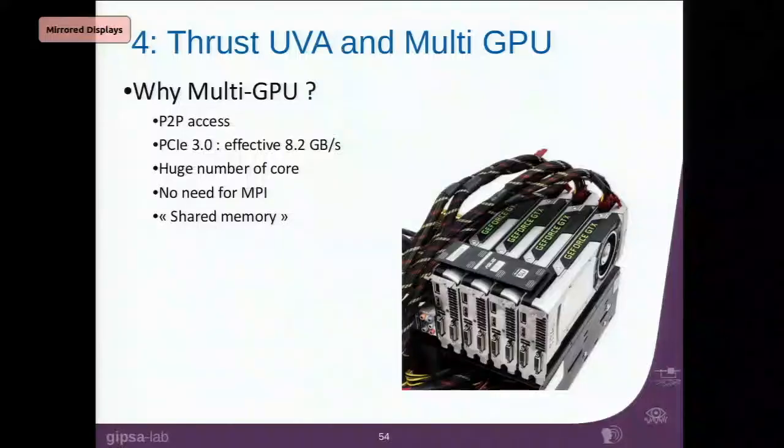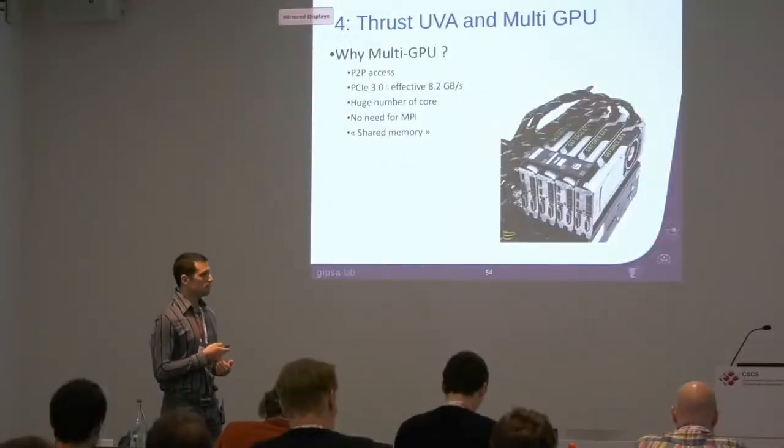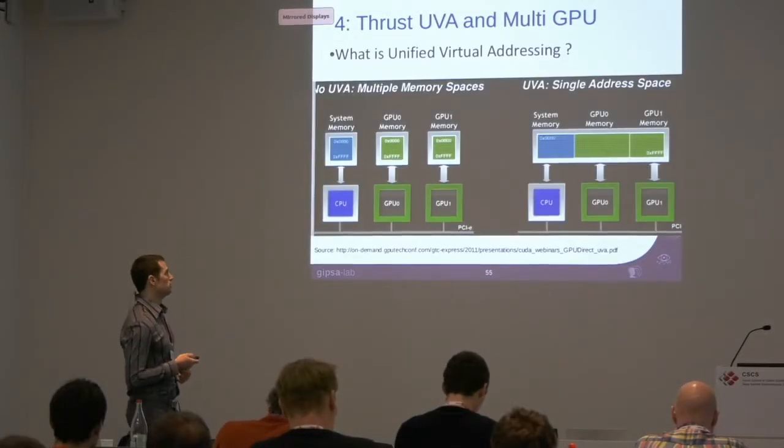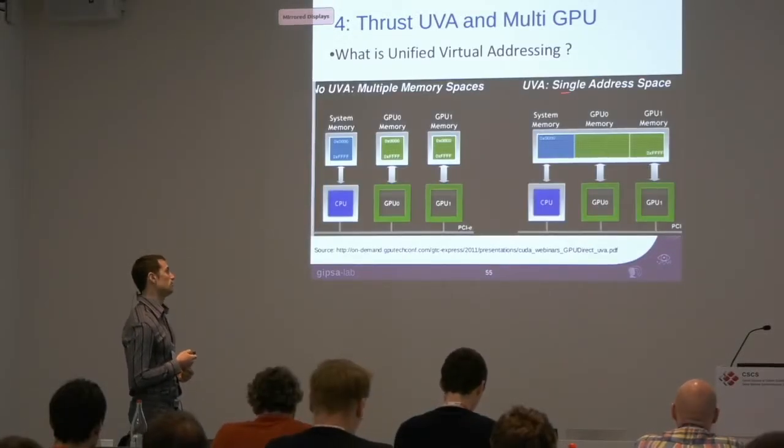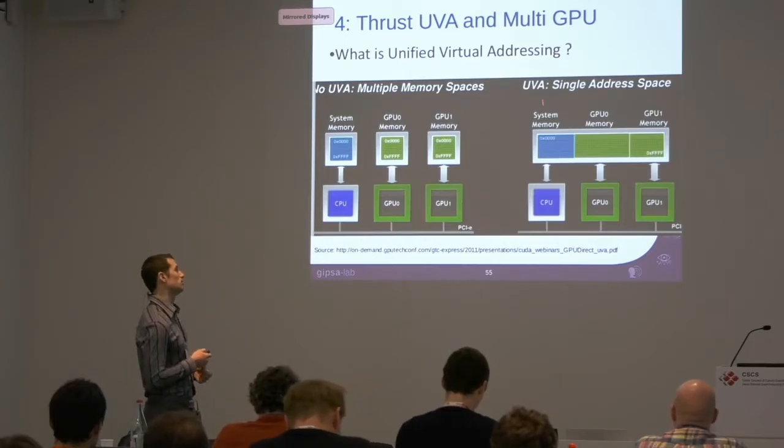They may have peer-to-peer access between GPUs, or they may not. So I think that Thrust stays generic and doesn't assume that you have or don't have GPU peer-to-peer access between GPUs. But you can somehow exploit multi-GPU when you have unified virtual addressing.